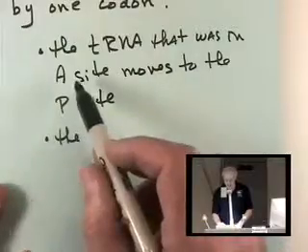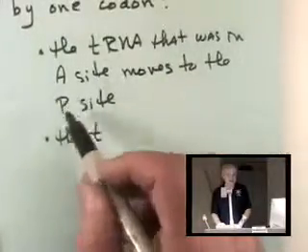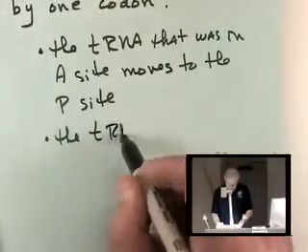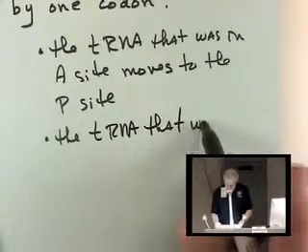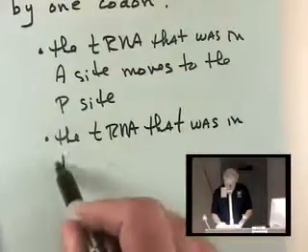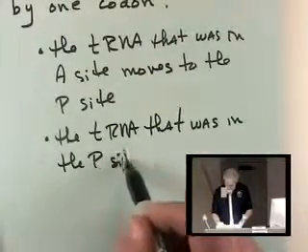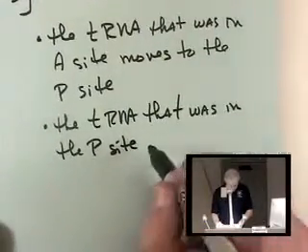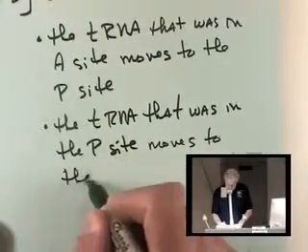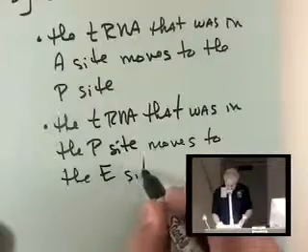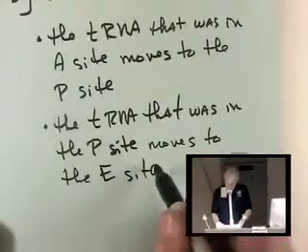So for the tRNA that was in the A site to get into the P site, the tRNA that was in the P site moves to the E site, so APE, right?